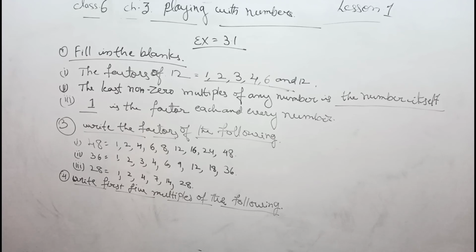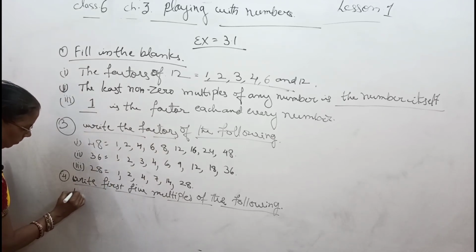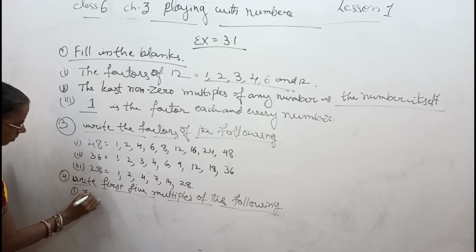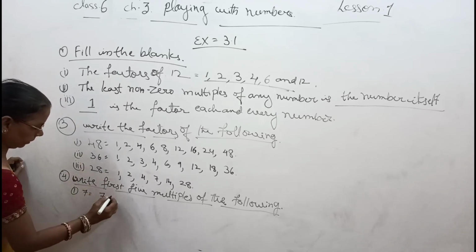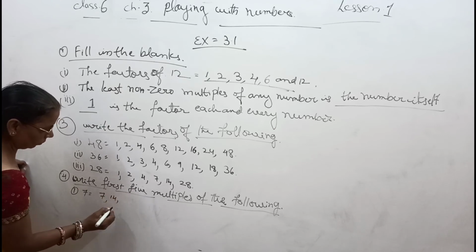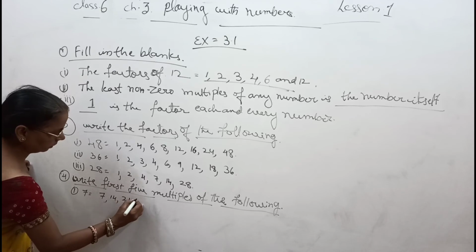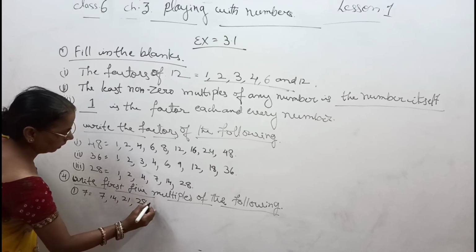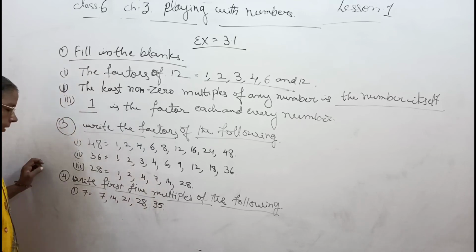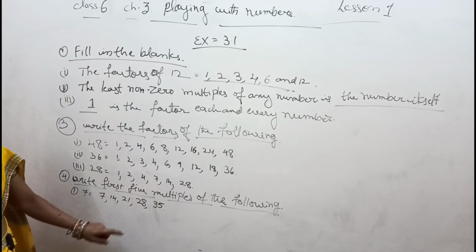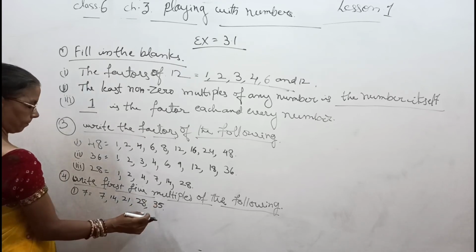The first one is 7. Multiples of 7: 7 times 1 is 7, 7 times 2 is 14, 7 times 3 is 21, 7 times 4 is 28 and 7 times 5 is 35. These are the first 5 multiples of 7.